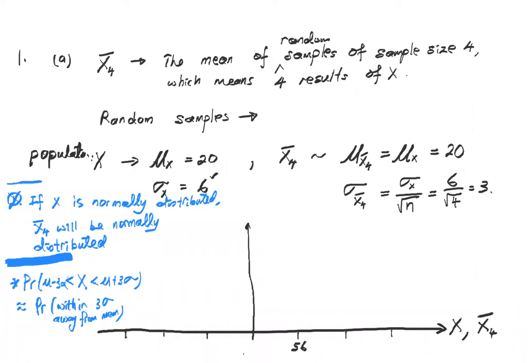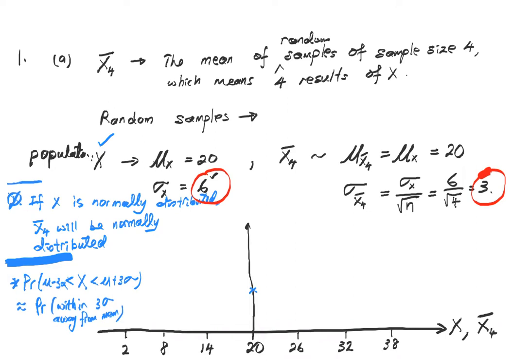Okay, 20. So here will be 26, 32, 38. Here will be 14, 8, and 2. Then we make a comparison between the standard deviations. We know that one of the standard deviations is double the other. If I plot X with blue, then X definitely will be lower.